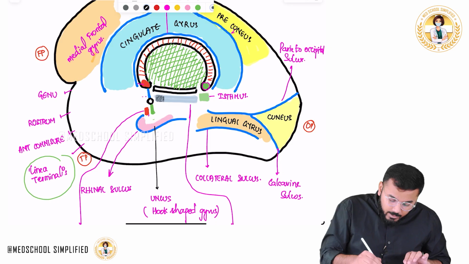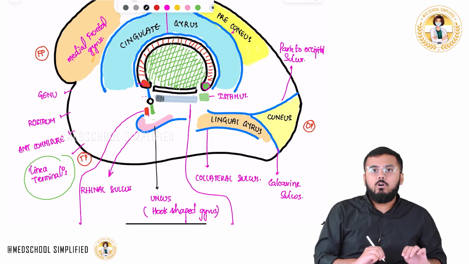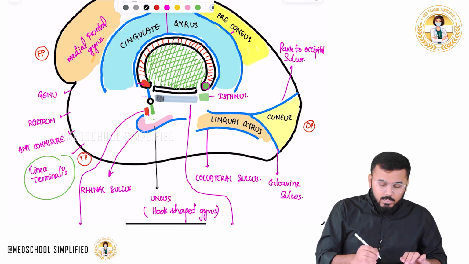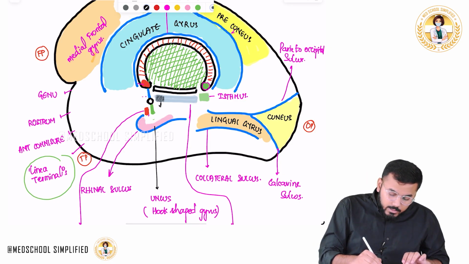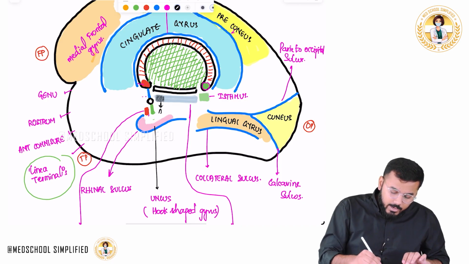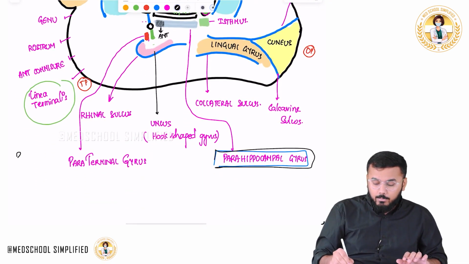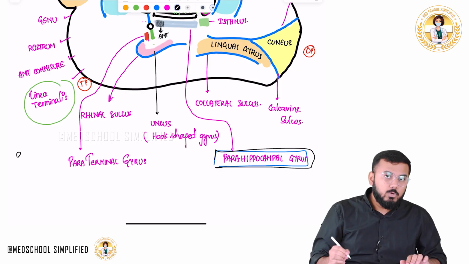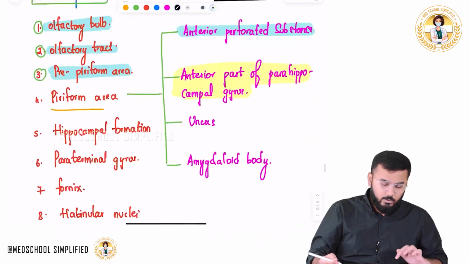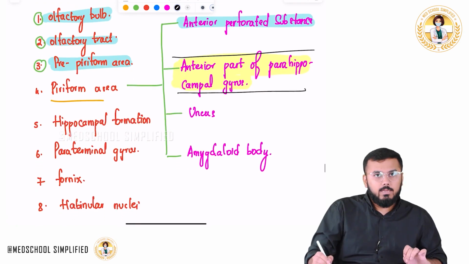This part over here is the anterior part of the parahippocampal gyrus. That is responsible for olfaction. I hope you understood where the anterior part of the parahippocampal gyrus is.